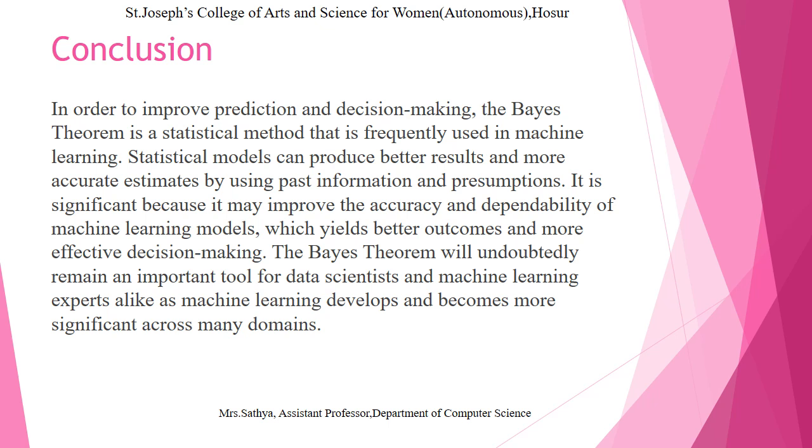As machine learning continues to grow, Bayesian reasoning remains a fundamental concept for intelligent systems. Bayes theorem will undoubtedly remain an important tool for data scientists and machine learning experts alike as machine learning develops and becomes more significant across many domains.